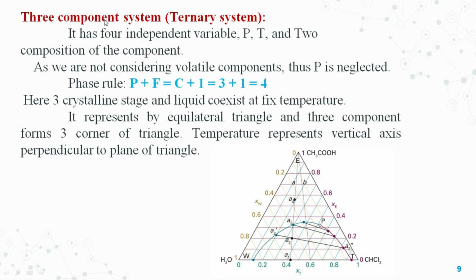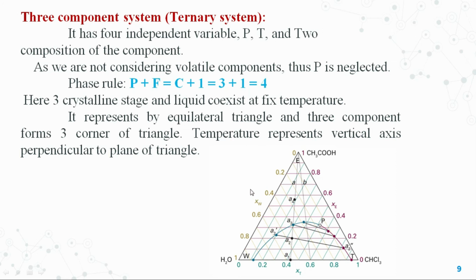The last system will be the three component system, or ternary system. This ternary system has four independent variables: pressure, temperature and two compositions of the given components. As we are not considering a volatile component here, the pressure term will be neglected. So the modified phase rule will be P plus F equal to C plus 1, and since it is a ternary system, C equals 3, so P plus F equal to 4.